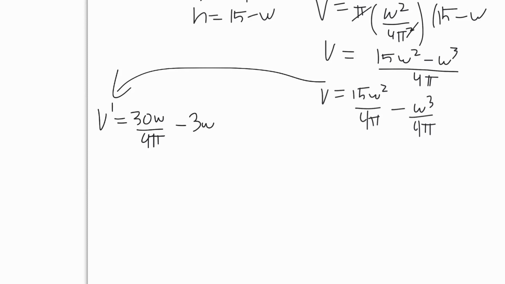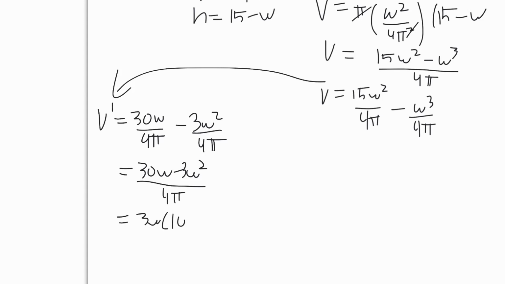Minus 3w squared over 4 pi. We'll combine those to give us (30w minus 3w squared) over 4 pi. Factor out a 3w, giving us 3w(10 minus w) over 4 pi.